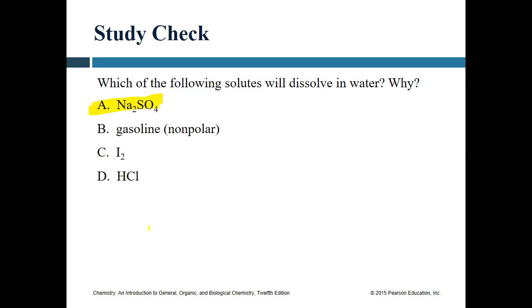Should gasoline dissolve in water? Okay, know that one anyway, but now we have reason. Gasoline is primarily made out of octane. Octane is a hydrocarbon, and we know that hydrocarbons are non-polar. Water is polar, they don't match. Iodine.